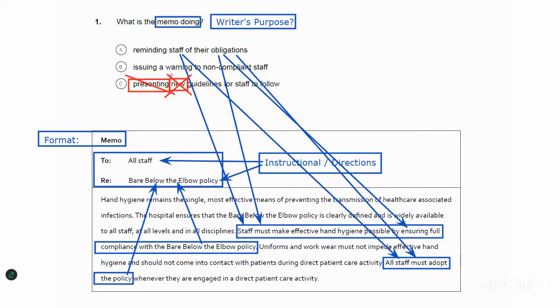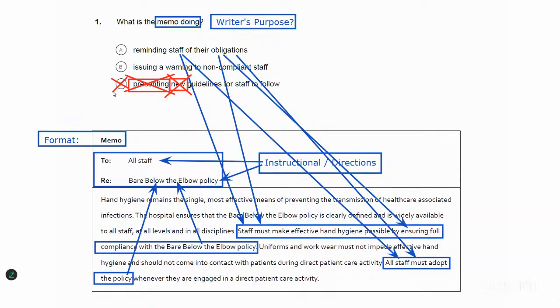Guidelines are for the staff to follow, but they are not presenting new guidelines here. They are already talking about guidelines, correct, for staff to follow, correct, but not presenting new ones. That is eliminated. So C is eliminated.